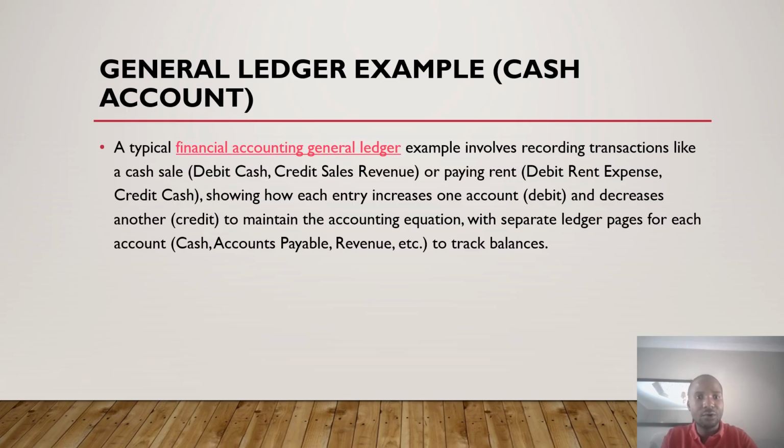We show how each entry increases one account, which is a debit, and decreases another account, a credit, to maintain the accounting equation, with separate ledger pages for each account: cash, accounts receivable, accounts payable, revenue, etc., which are all used to track the balances.